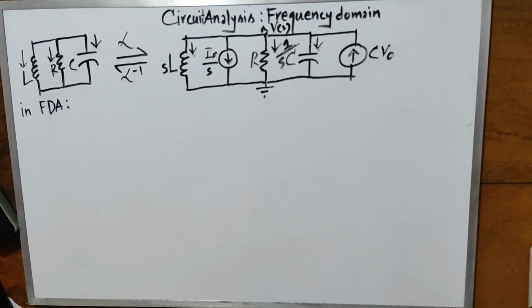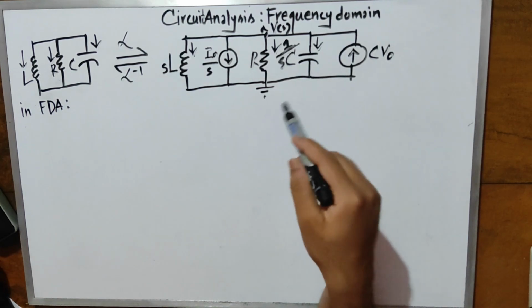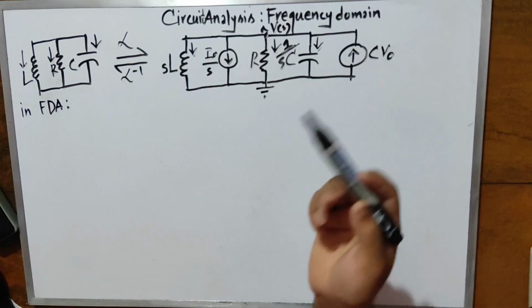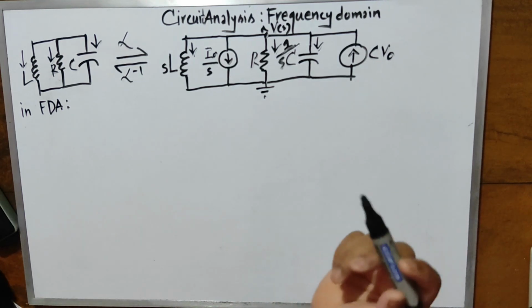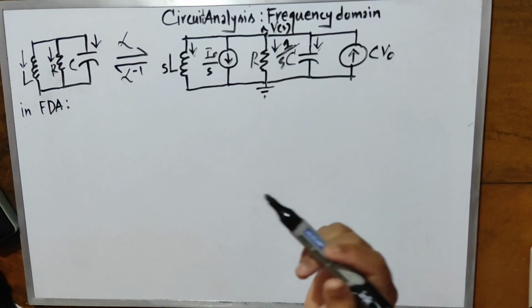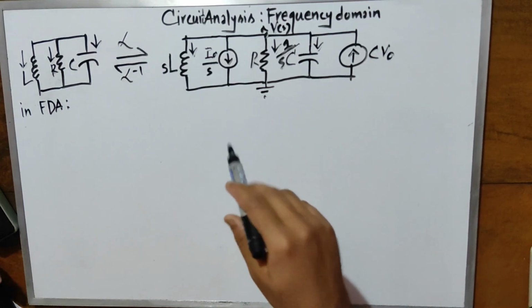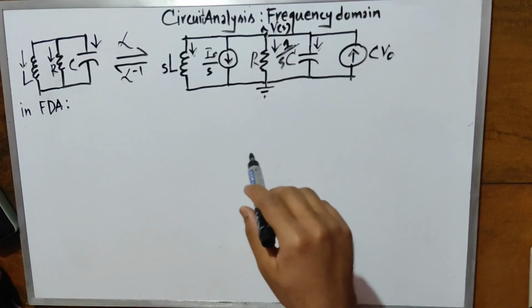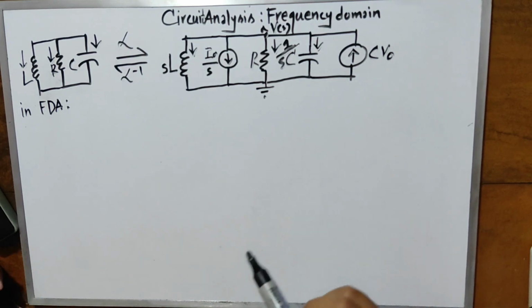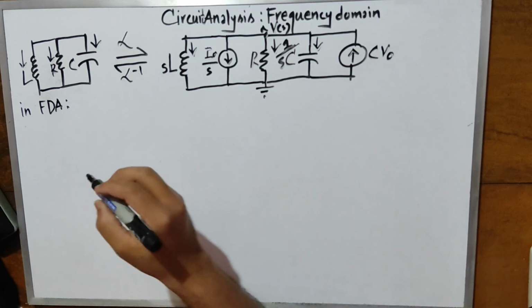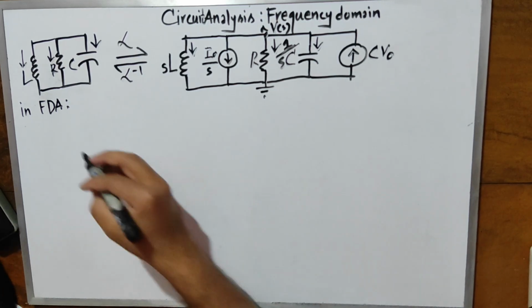Because this is also a linear system in frequency domain, we will use KCL. And as before, because now in frequency domain the equation will be algebraic, the calculation will be very easy.